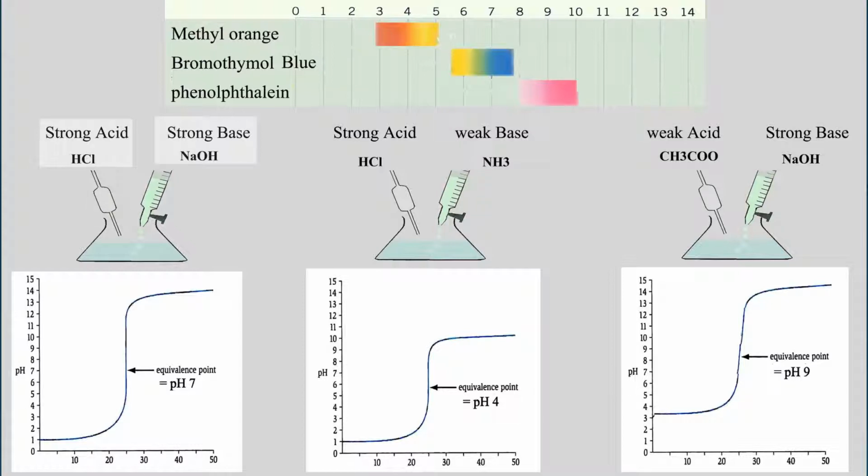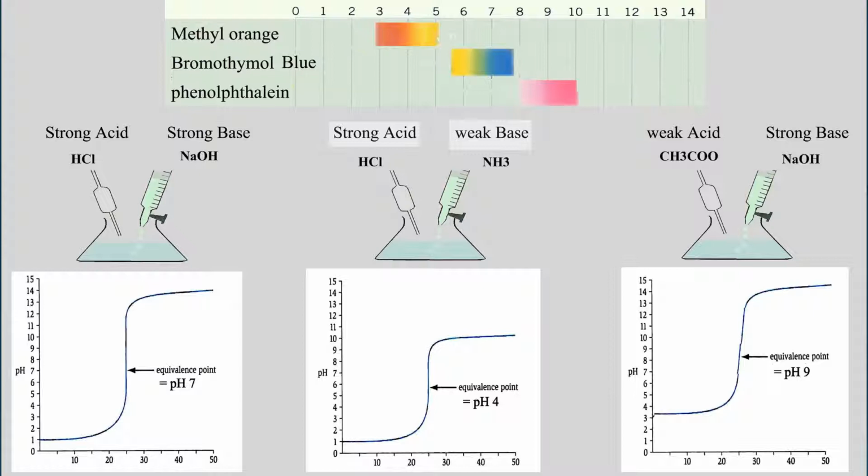Strong acid, strong base, equivalent point at pH 7. Which indicator will suit best to test this change? Bromothymol blue, because it changes at 7. The middle one, HCl and NH3, strong acid, weak base. Equivalent point will be changing at pH 4.